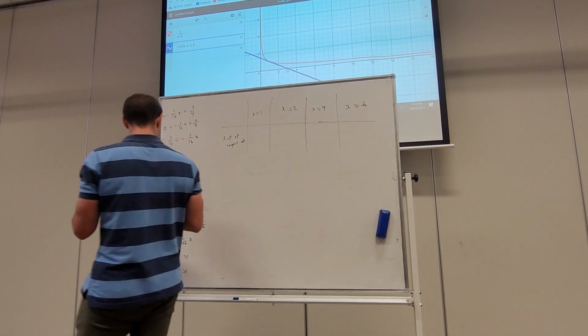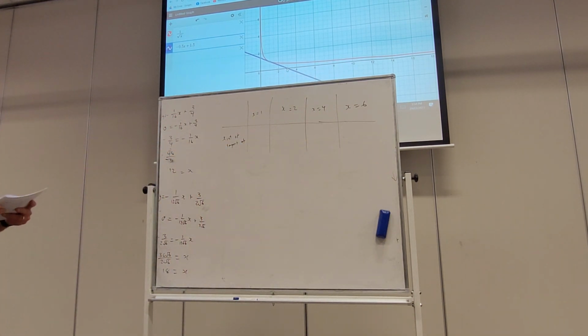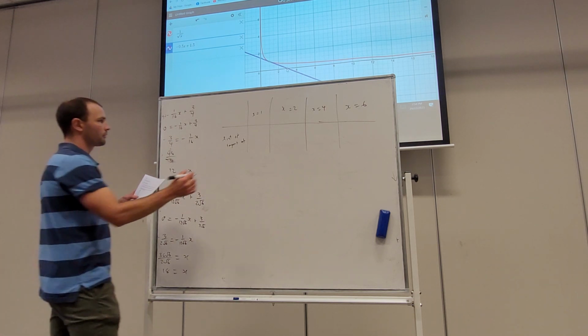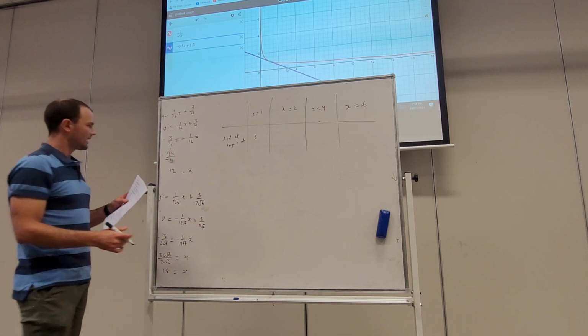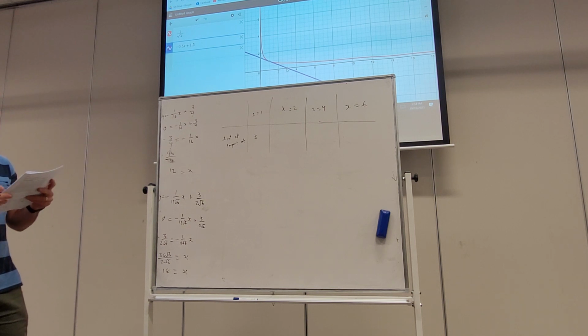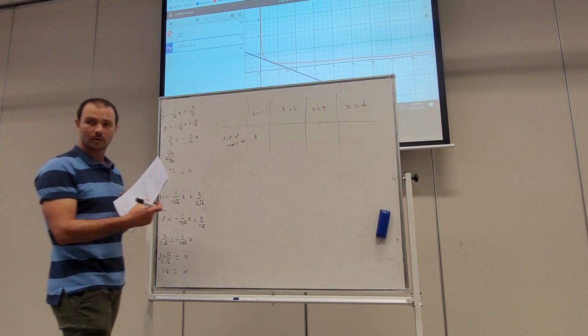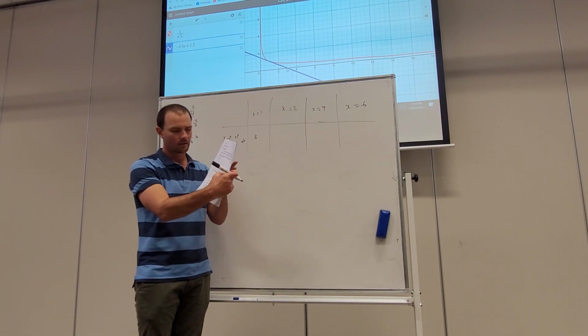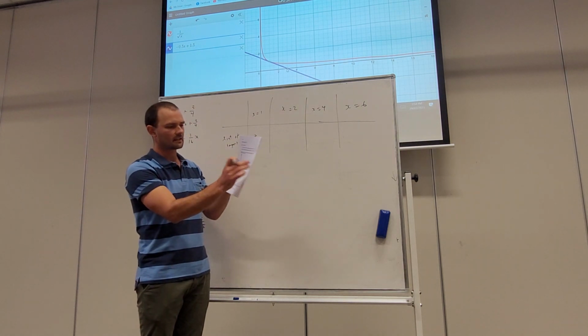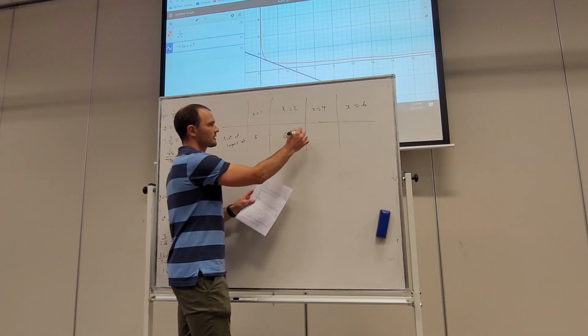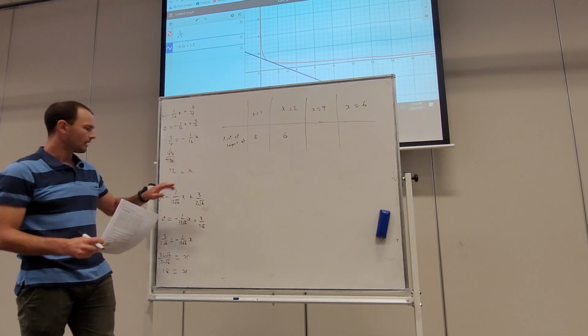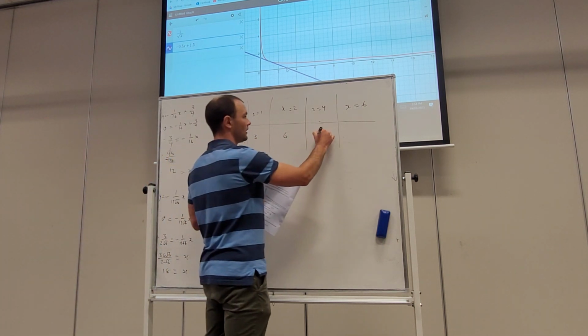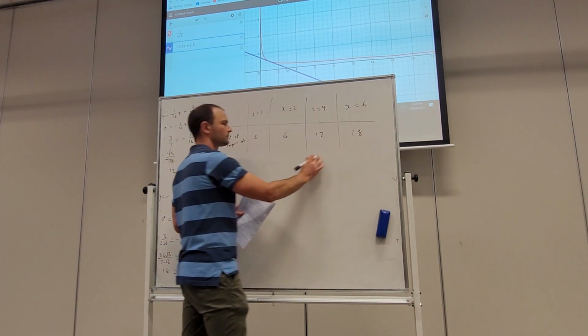The x-intercept of the tangent at x is 1 was 3. At x is 2, we didn't find that one, but we can see it on the graph, it is 6. At x is 4, we found that one, it was 12, and then here we've got 18.